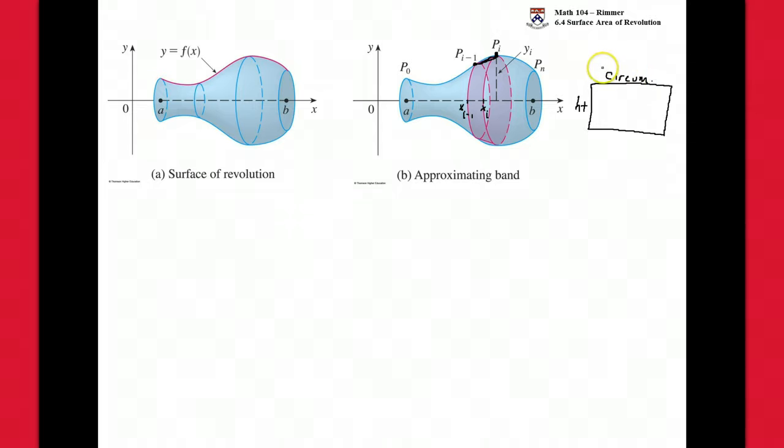And so the circumference will be 2 pi r, and the height will be not this height off of the x-axis. That height off the x-axis actually represents the radius. And so the height of the rectangle would be this distance here, the length that would be the distance between the points.